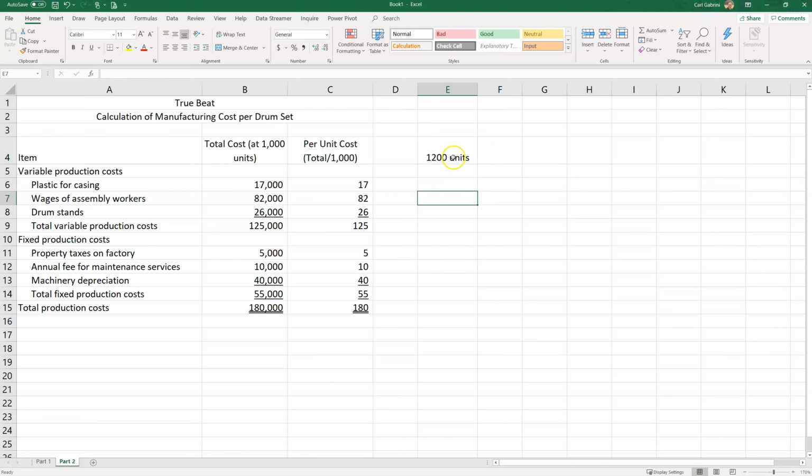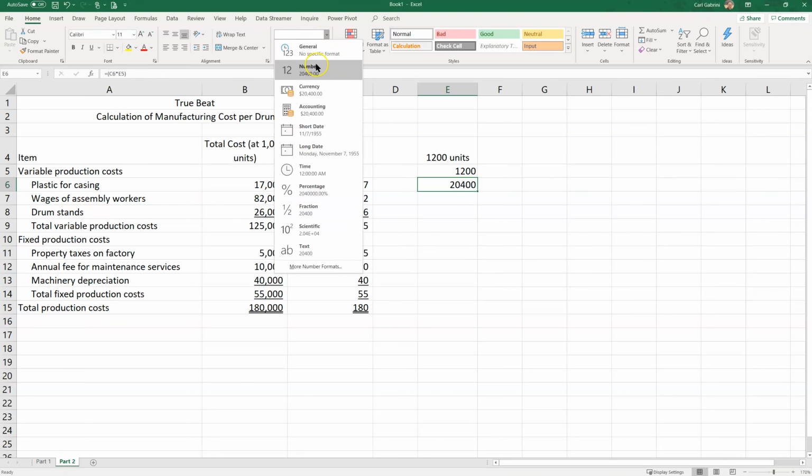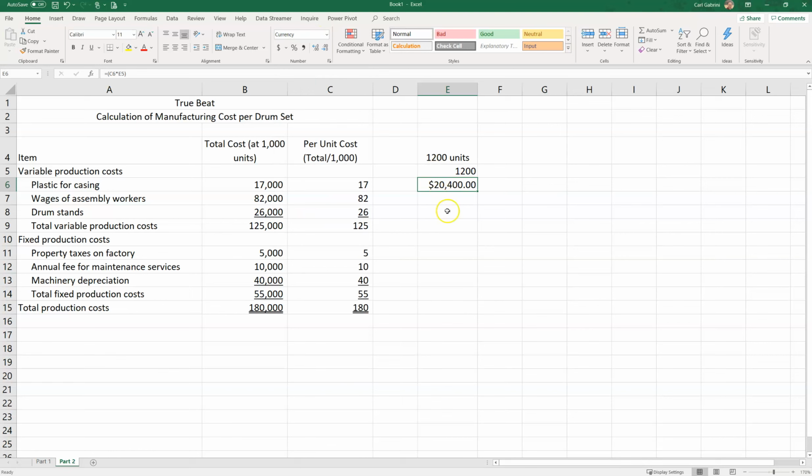It's just a matter of entering it. 1,200, so I'm going to have 1,200 there because that's what I want to use, equals 17 times 1,200, and I will format it as currency. There we go. So it is $20,400 because, again, it's a variable cost, and so it's going to vary.